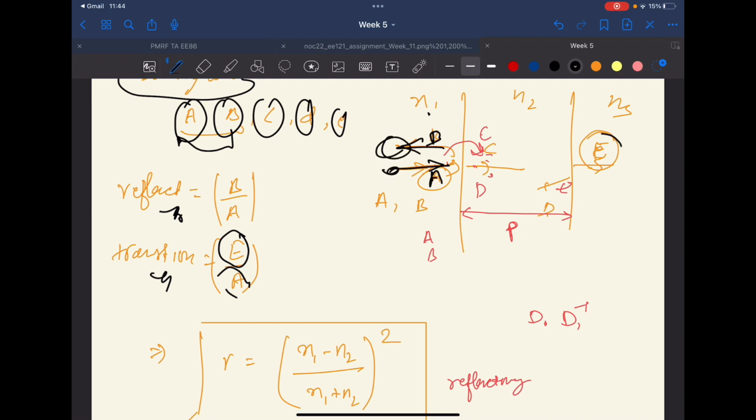Similarly, the transmission e is calculated with respect to the incoming wave, so the ratio e to a.